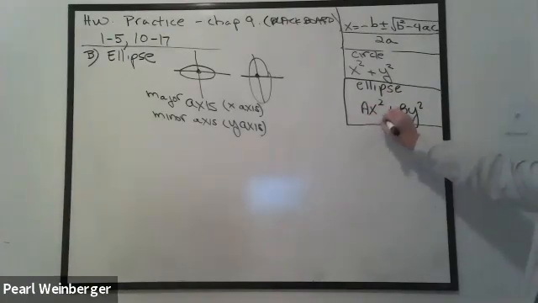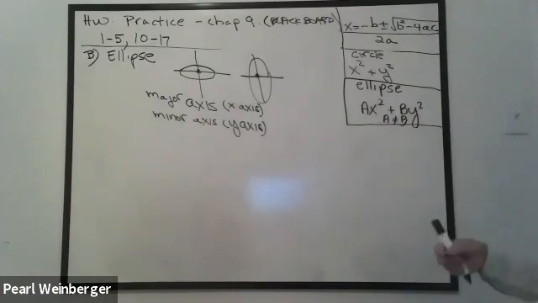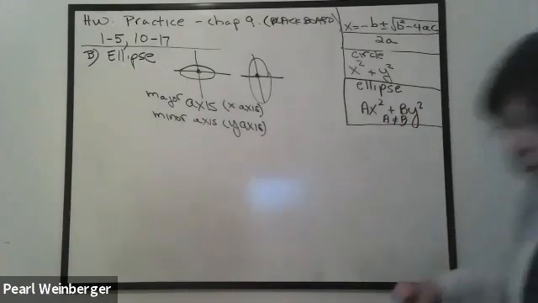Those two numbers are not going to be the same number. That's why it's not the same side to side as it is up and down. But there is going to be, in the equation of an ellipse, both an x squared term and a y squared term.